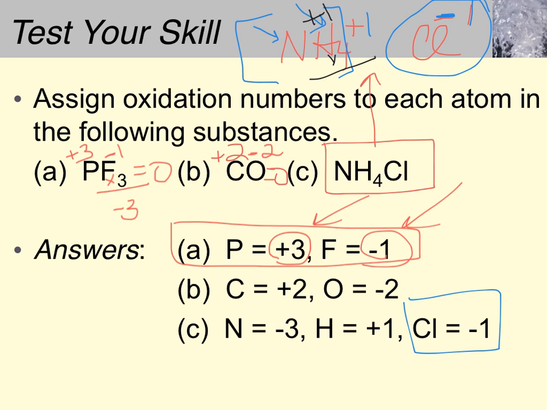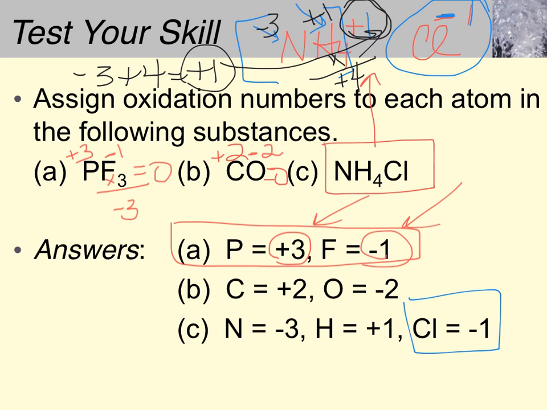There are 4 hydrogens in this compound, so hydrogen overall contributes +4. Overall, I need to end up with a charge of +1. That means nitrogen must have an oxidation number of -3, okay? Because -3 plus 4 is +1, and that matches with the overall charge, okay?